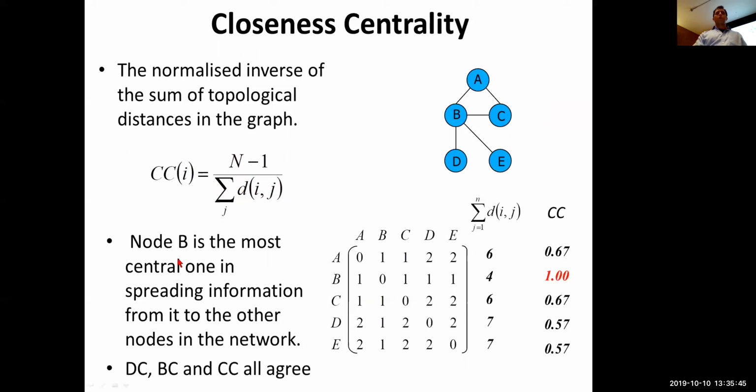For example, node B is the most central one in spreading information from it to the other nodes in the network because it is the closest one to all the other ones. If I want to spread information through this network, I'm going to go to the one node that is the most closely connected to all the other ones. You see that B here happens to have, on average, a distance of 1, whereas the other ones have an average distance of 2 or more. Sounds good?